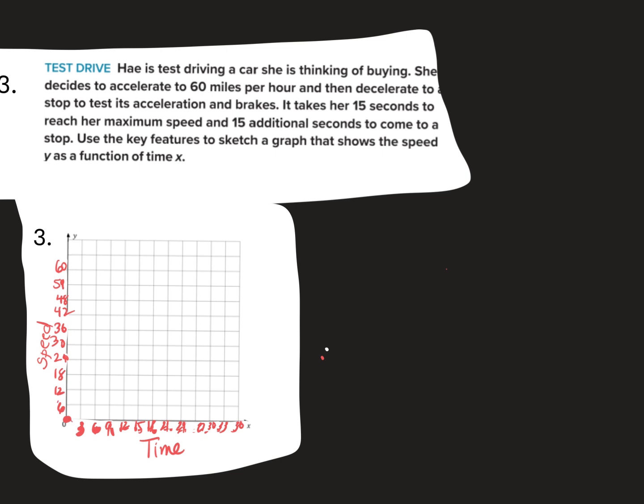So starting at (0, 0), and then she accelerates to 60 miles per hour in 15 seconds. So I'm going to count over to 15 and up to 60 and put a dot right there.